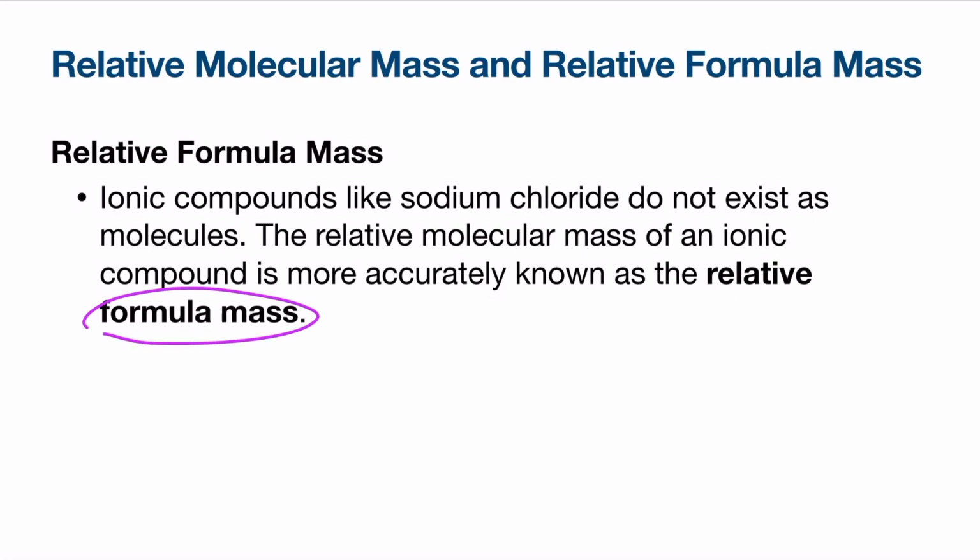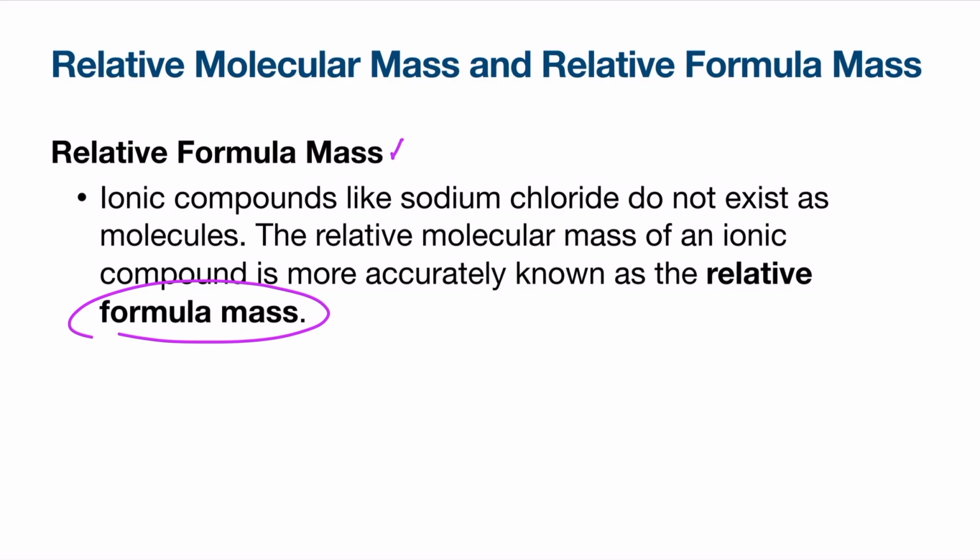So in a nutshell, relative molecular mass is a term used for those substances that exist as molecules or covalent compounds. On the other hand, relative formula mass is used for those compounds or substances that exist as an ionic compound.